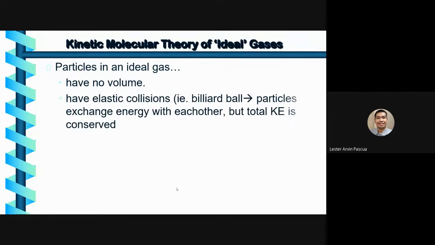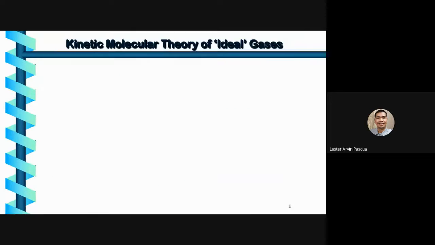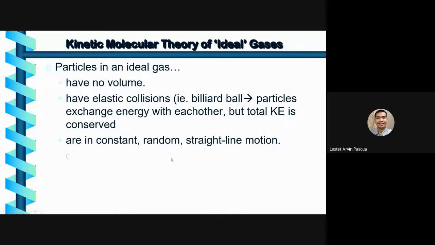So una nilang assumption ay walang volume yung ideal gas mo. Pangalawa, meron siyang elastic collisions, which is hindi nawawalan ng kinetic energy. Ay, wait lang, may isa pa. And then, the last, hindi pa the last one. They are in constant random straight line motion.